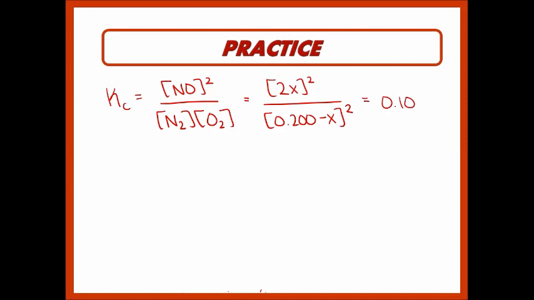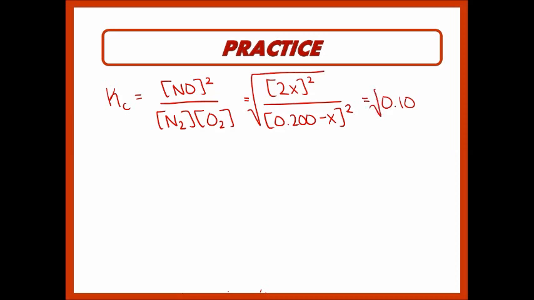Now actually, I see a way in which we can simplify this expression by not having to use the quadratic formula. That's because our numerator and denominator are both squared. So that means we can take the square root of both sides and then be able to solve for x without using the quadratic formula.